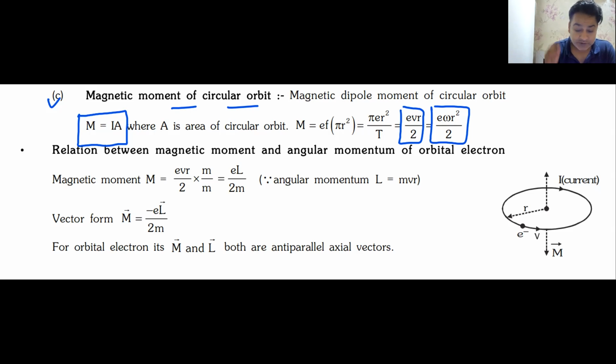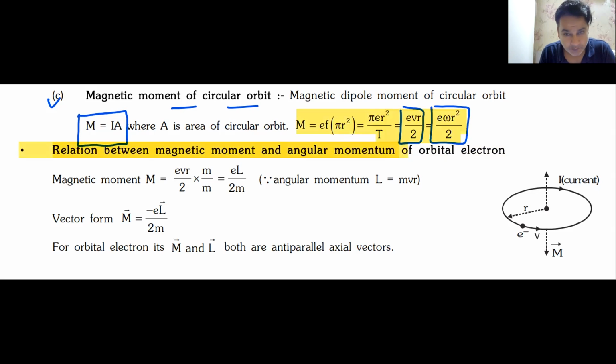Now, one very important concept here, which I would like you to remember, is the relation between the magnetic moment and the angular momentum of an orbital electron. Remember, this is the relation: magnetic moment vector is minus e times L vector by 2m, where the charge of an electron is minus e and L vector is the angular momentum vector.